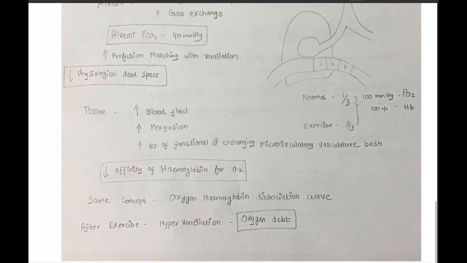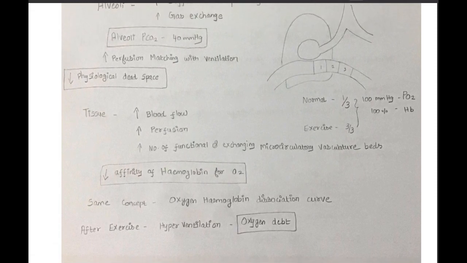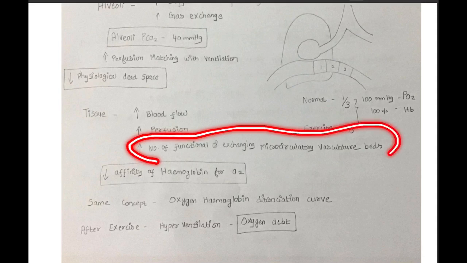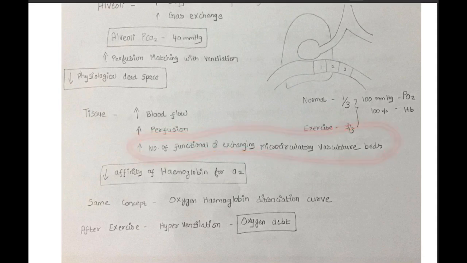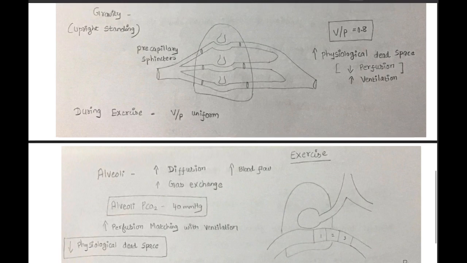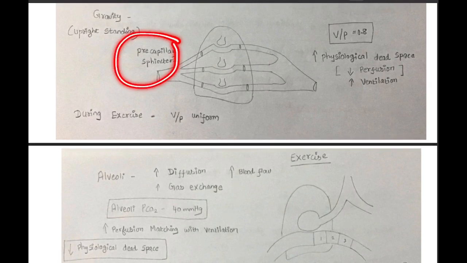So what happens in the tissue? In tissue also there will be increased blood flow. So if there is increased blood flow, there is increased perfusion, and there is an increased number of functional and exchange microcirculatory vascular beds, same as we have seen in the lungs, that is the precapillary sphincters.